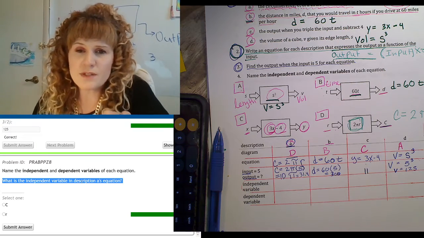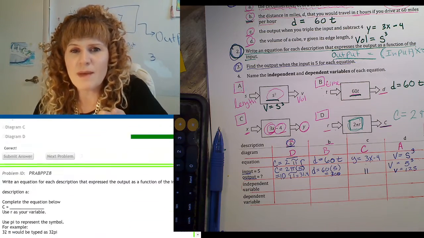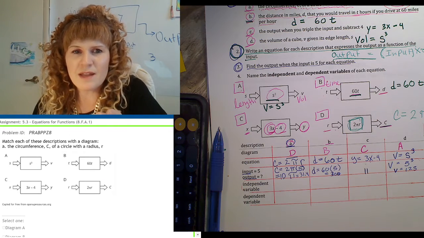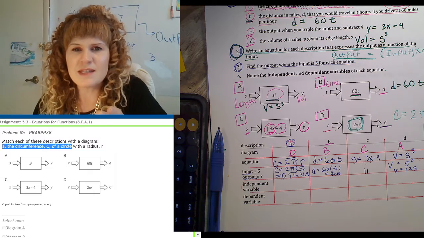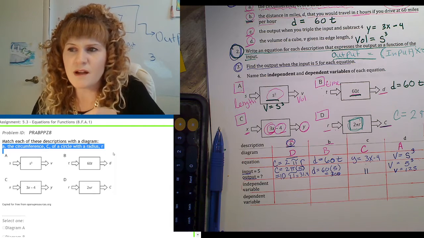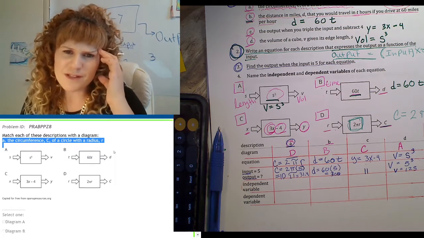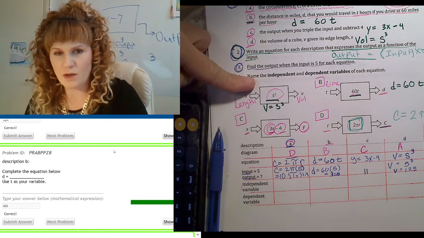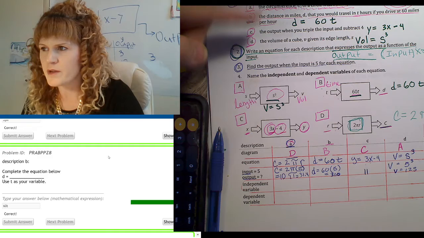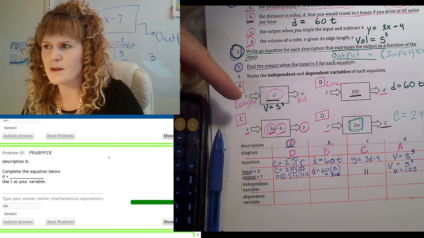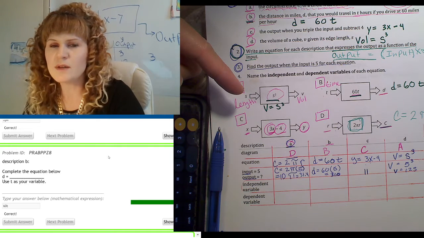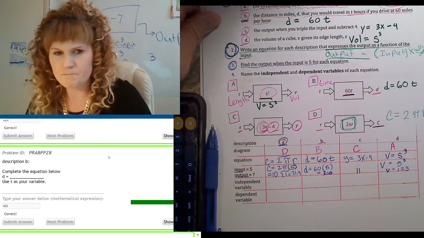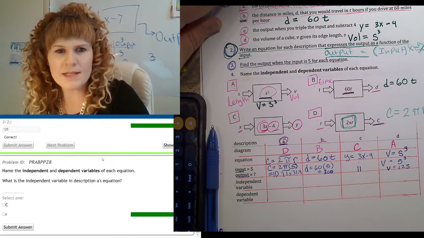If you only had your computer, you'd have to go all the way back up to figure out what description A was. It's the circumference C of a circle with radius R. That's why I gave you the worksheets that go with it. So keep track of what you're doing on your paper as you do it. That's going to help you learn a lot better because you can see the whole picture. Anyway, back down.